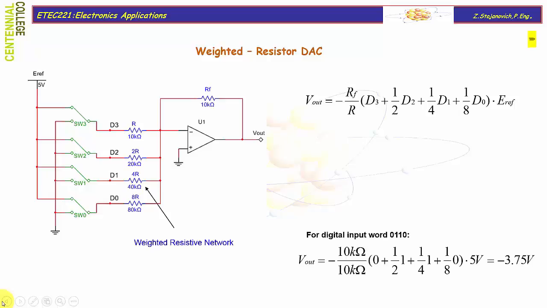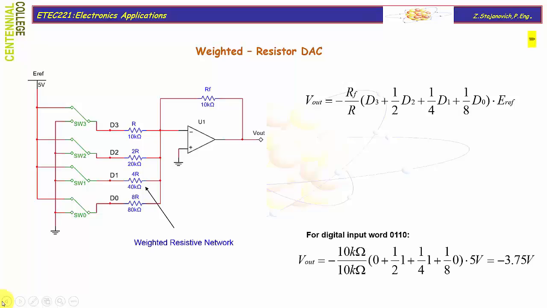Pay attention to resistor values in the rungs. The most significant bit has a base value of R, and then each subsequent rung will have resistance twice the value of the preceding rung. In a 4-bit DAC, the LSB rung will have 8R resistance.